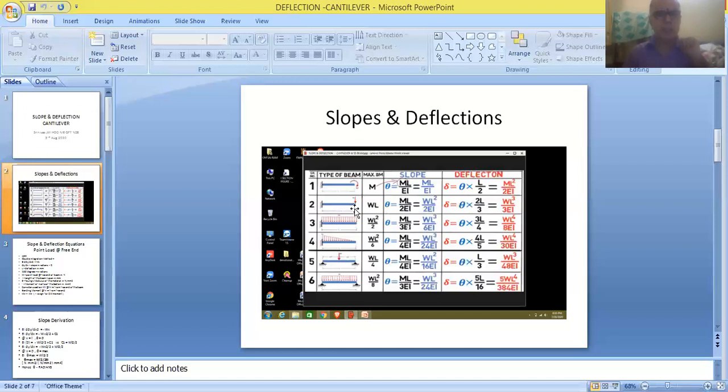So the distance between these two ends will be representing the total length of the beam. Capital L or small l can be used for indicating the total length of the beam. That's called the span of the beam. And in this chapter, it is expressed in terms of millimeters.